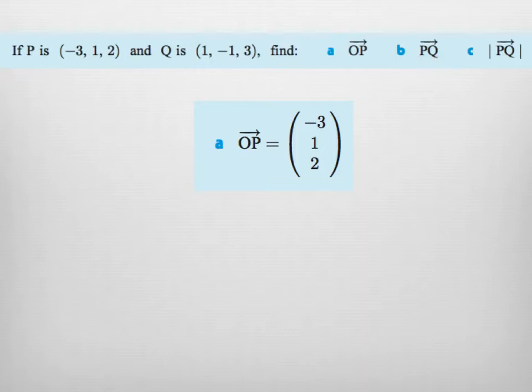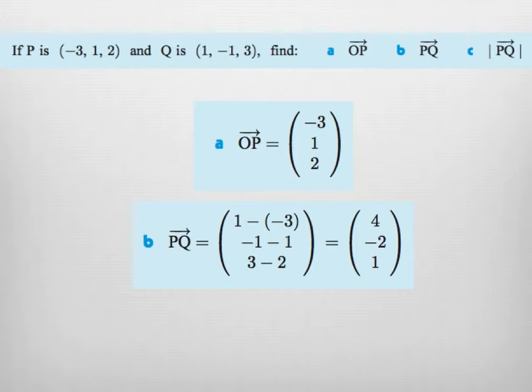Again we're going to do the same thing that we did in part A, except this time instead of O we're using P, and instead of P we're using Q. We take the coordinates of Q and subtract from those the coordinates of P, and then rewrite it in this form. So we take 1 minus -3, -1 minus 1, and 3 minus 2. It's really just basic arithmetic, so you end up with 4, -2, and 1.